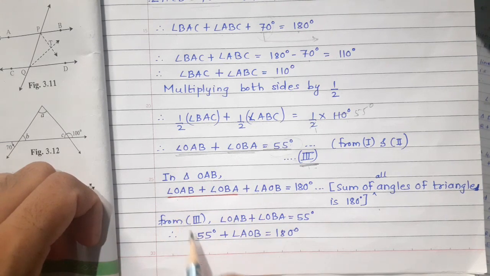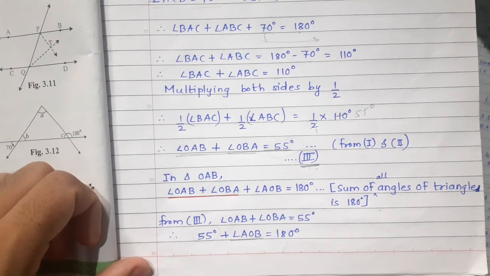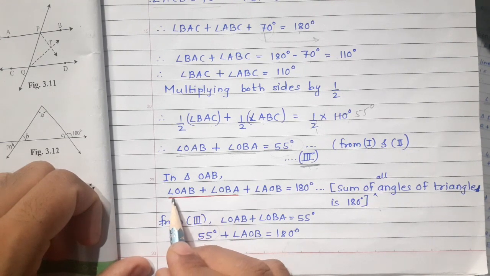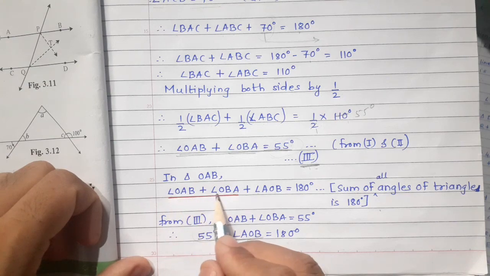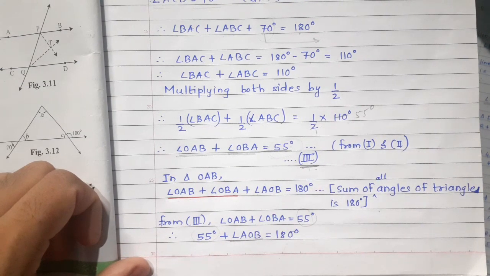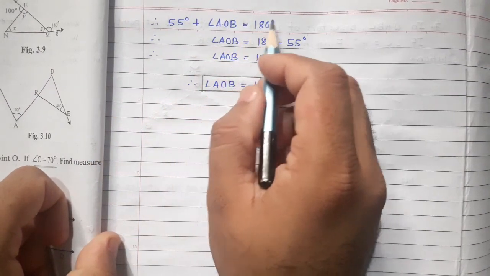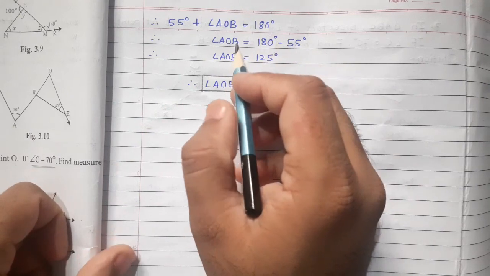Then we have 55 degrees plus angle AOB is equal to 180 degrees.